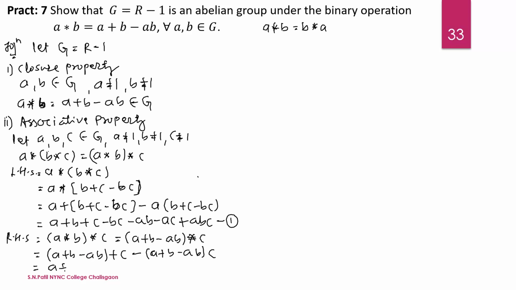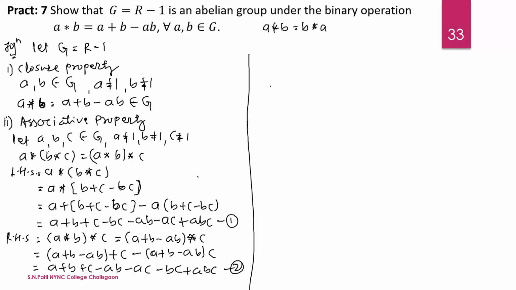Now a plus b plus c minus ab, then c multiplied with the bracket gives minus ac minus bc, and minus times minus gives plus abc. Now from 1 and 2, LHS is equal to RHS. The associativity property is satisfied.